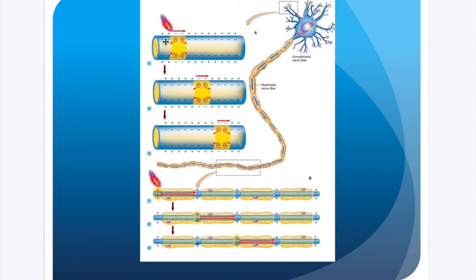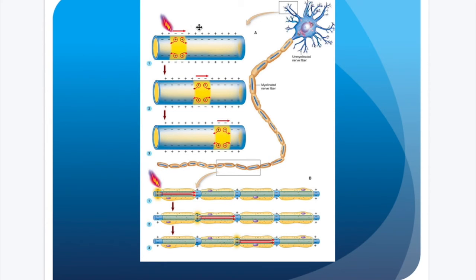When there is a signal, a stimulus, it causes the sodium channels to open, and those sodium ions move into the axon. Those positive charges go inside, which means now there's more positive charge inside than outside. So the inside becomes positive and the outside becomes negatively charged. That gets sent a little further down.